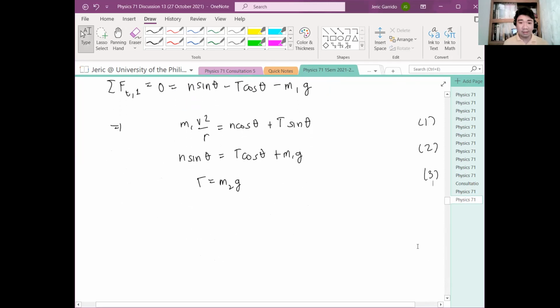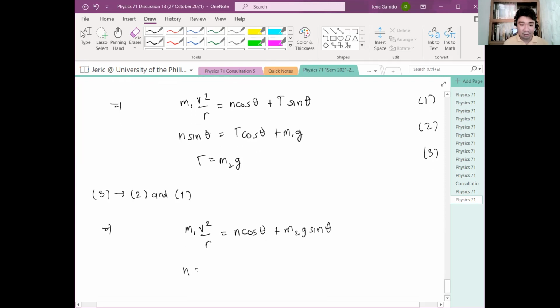Now, substituting equation 3 into equation 2 and equation 1, we get m1 v squared over r equals n cosine theta plus m2g sine theta, and n sine theta equals m2g cosine theta plus m1g.